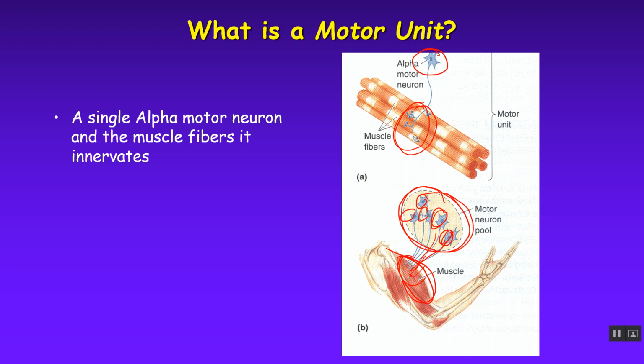And that motor neuron pool may extend a couple segments because biceps is C5 and C6, right? So that motor neuron pool is in the anterior horn of C5 and C6, the alpha motor neurons that eventually innervate all the muscle fibers of the biceps. And those collectively would be called your motor neuron pool, all those cell bodies in the anterior horn that supply that individual muscle.